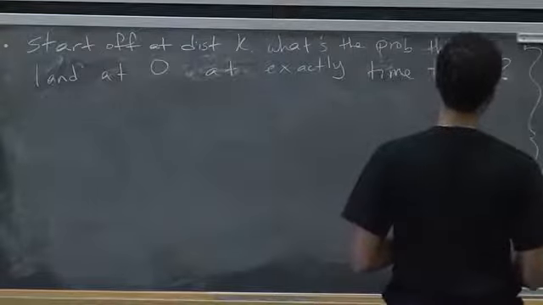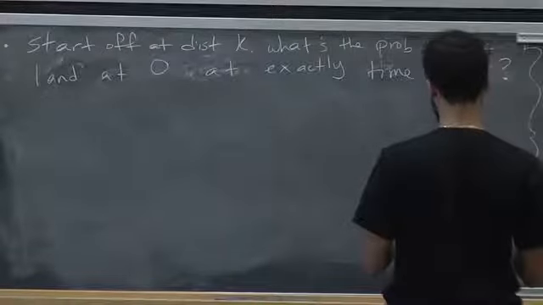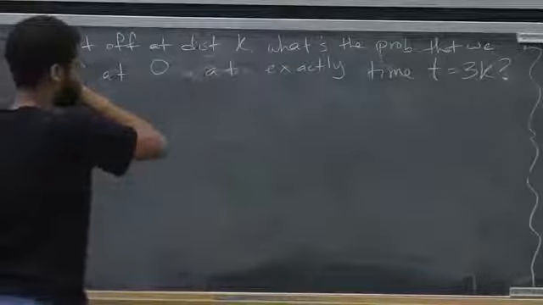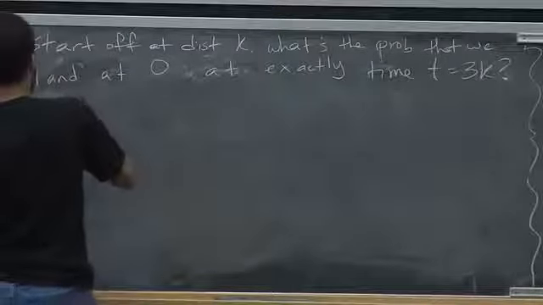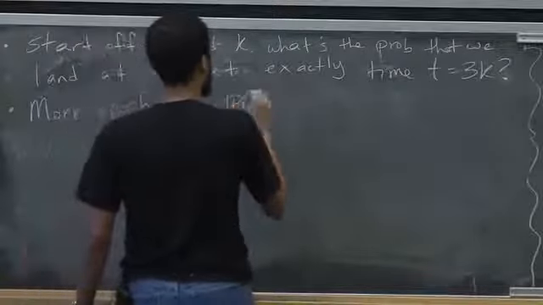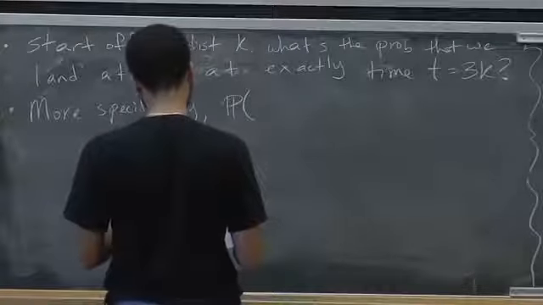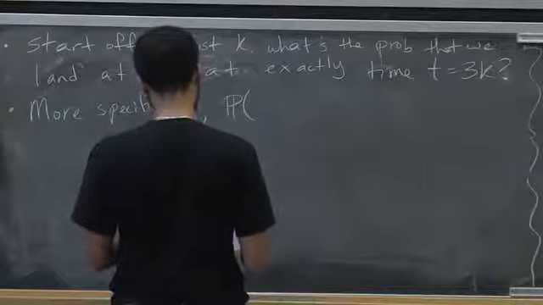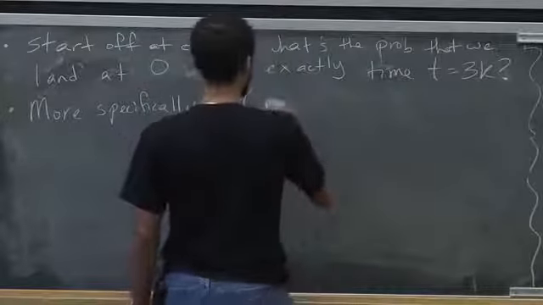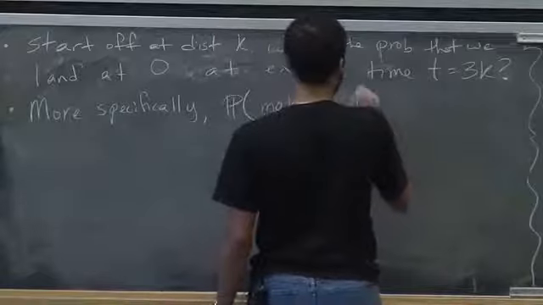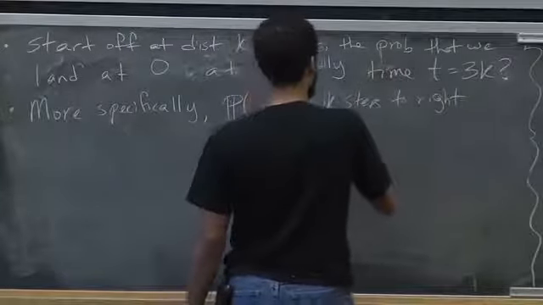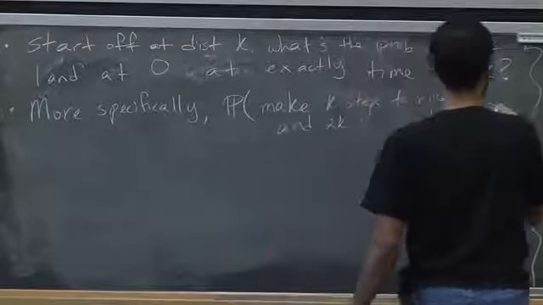Good. So what do I want to say? More specifically, the probability that we make k steps to the right and 2k steps to the left is at least what?